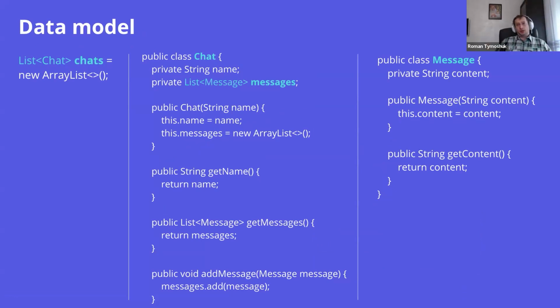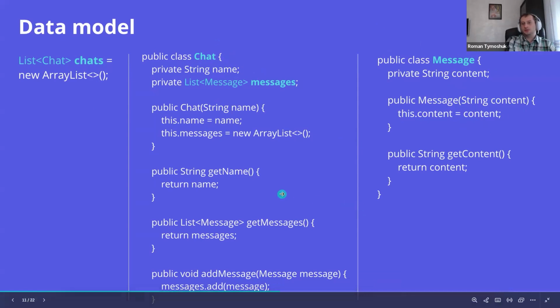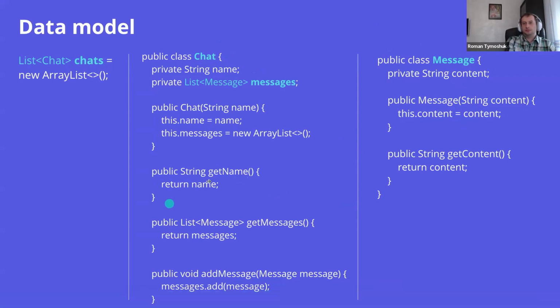What is a data model in our case? On the right side, as we already discussed, it's the message class. It has a content and the possibility to store the content as a string and get the information from it. Chat itself contains multiple messages. A chat can be named, and it provides a name to the external world.